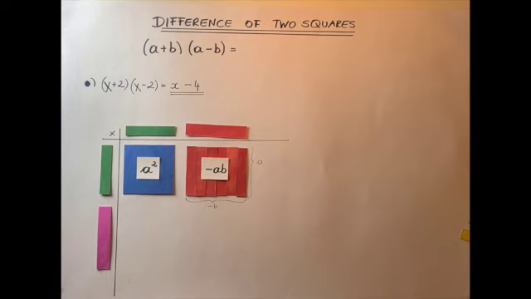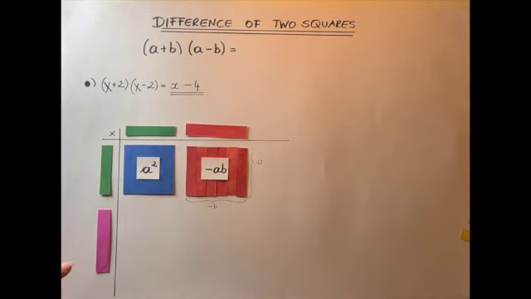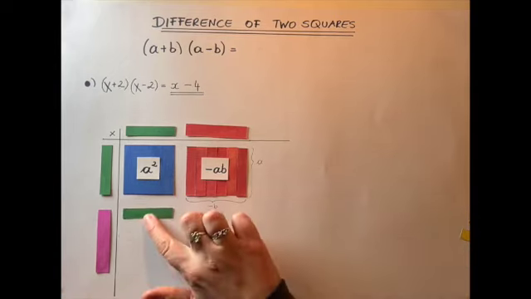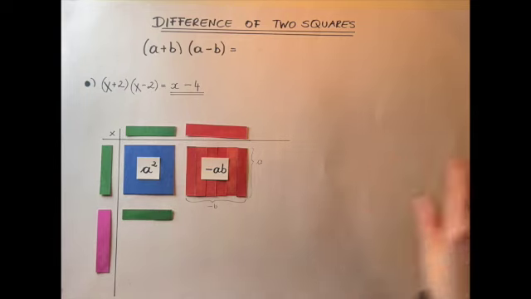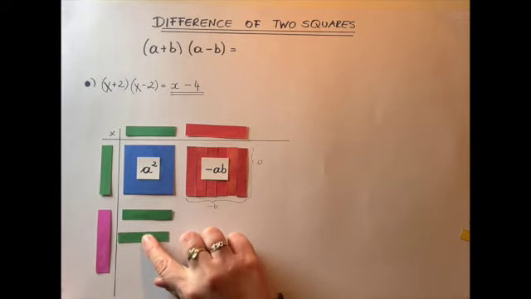And I'm going to go to that second row here. We have here b times a. Now this is positive, there is no negatives involved. So I'm going to use those green tiles again to form that rectangle.